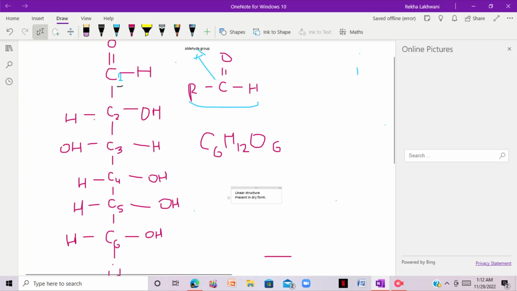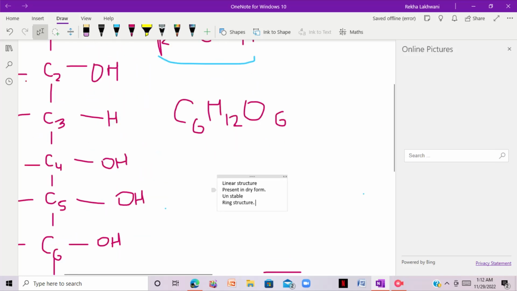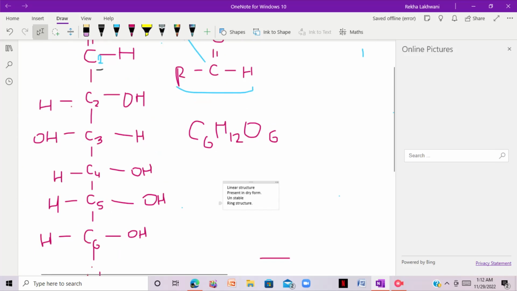Let me show you the ring structure of glucose. Okay, we got the diagram. Paste this diagram over here.